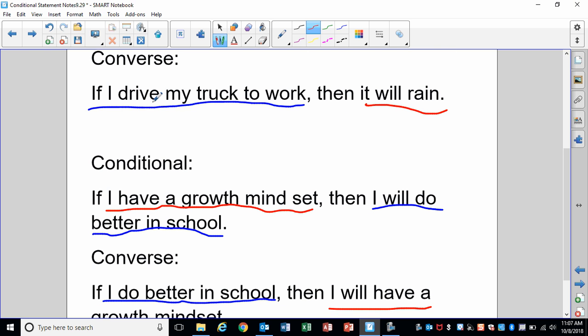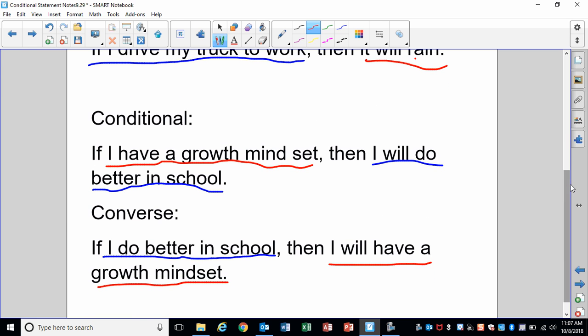Me driving my truck to work does not create the weather, so that is not a true statement. If I do better in school, then I will have a growth mindset. It might be that the work that you're doing in your classes this year, you somehow already know. So you don't need a growth mindset to do better in school, but a growth mindset will result in a better schooling opportunity.